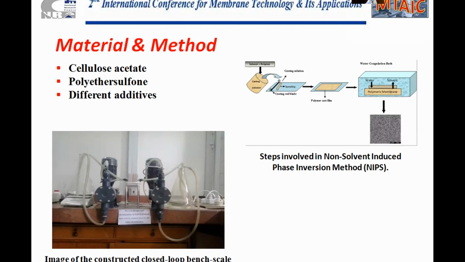The membrane cell has an effective membrane area of about 56 square meters, and the cell has two channels to circulate liquids through the membrane using two dosing pumps, to circulate the feed solution and the high concentration draw solution.